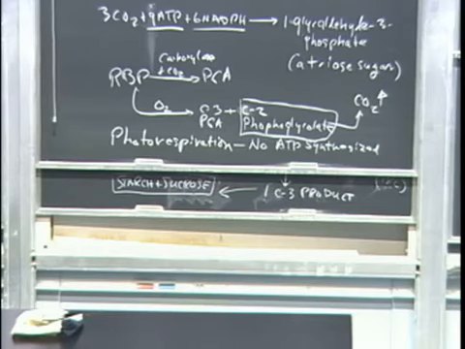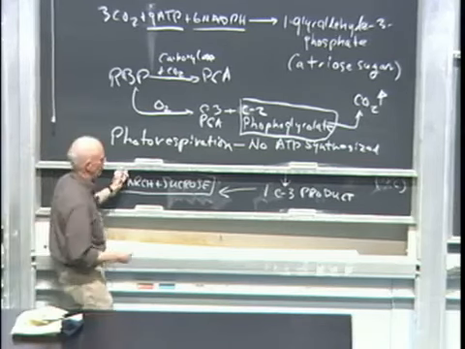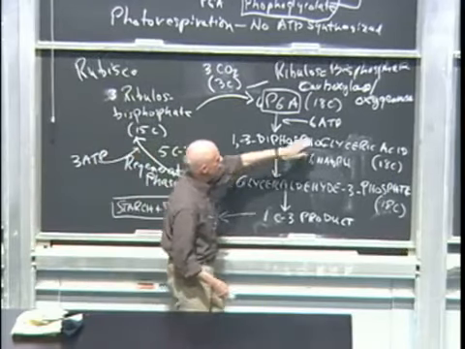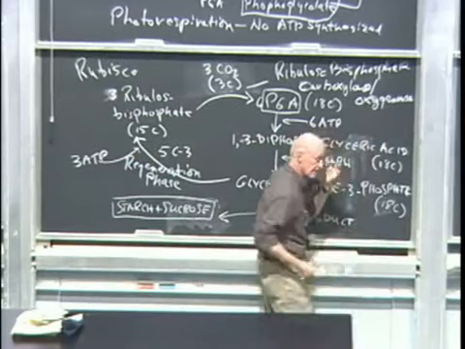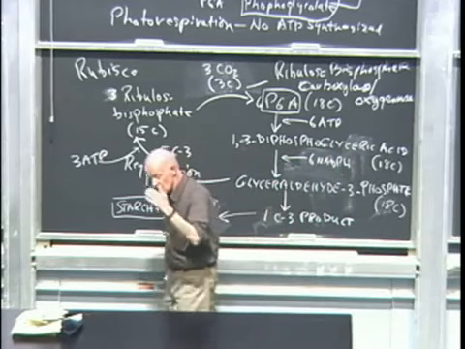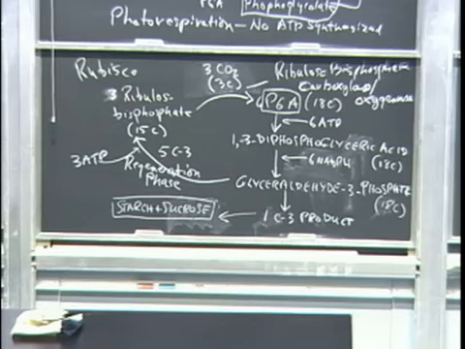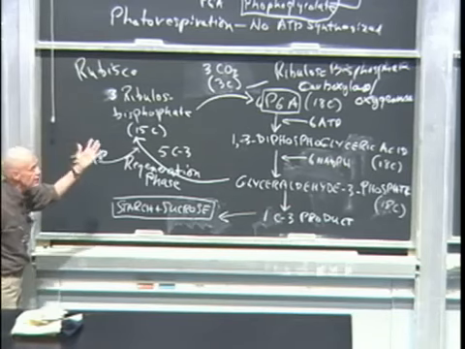And there have been enormous attempts and enormous amounts of money spent by agricultural companies to try to take Rubisco and genetically alter it so it no longer has this oxygenase activity. That way, the enzyme would just fix twice as much CO2 as it normally did, because you would not have any losses due to photorespiration.